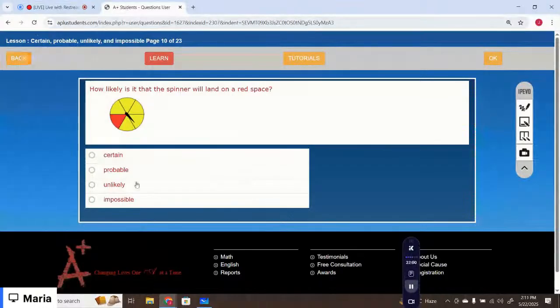It is unlikely that it will land on the red space because we have fewer red portions than yellow. The correct option is unlikely.